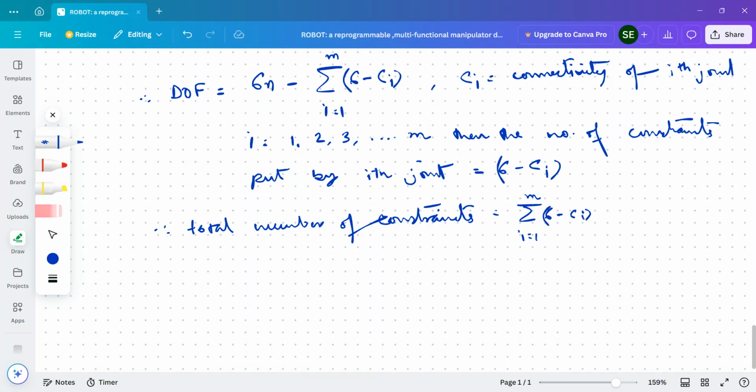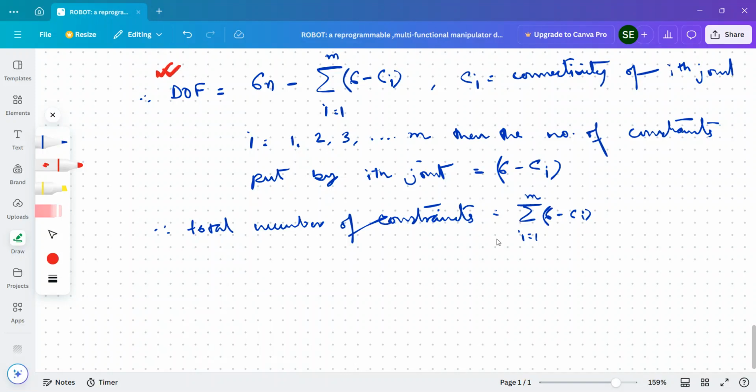When we solve the problems on degrees of freedom, you will get a clear idea. So this is the formula for a spatial manipulator.